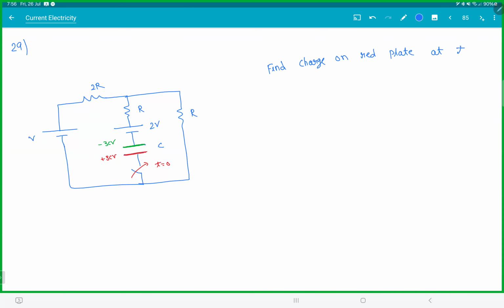Now here you can integrate. Same thing, you have to do Kirchhoff's law, then the equation, then solve. Let's try with this method I taught you, the general equation. You had one capacitor, you can have any batteries and any capacitors, resistors. Find the charge on the red plate as a function of time t.